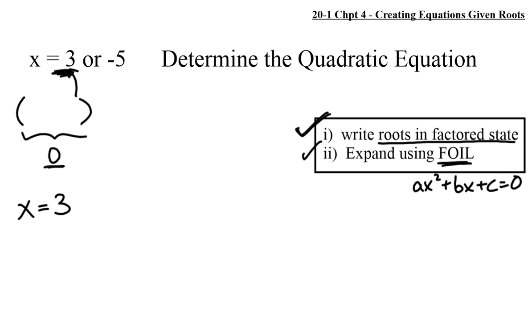We want to create the 0. What do I have to do to get a 0 here? Well, I need to subtract 3, so I subtract 3. All we're trying to do is to get a 0 because we need one of our factors to be 0. Well, if X equaled 3, what was our factor? Our factor was X minus 3.